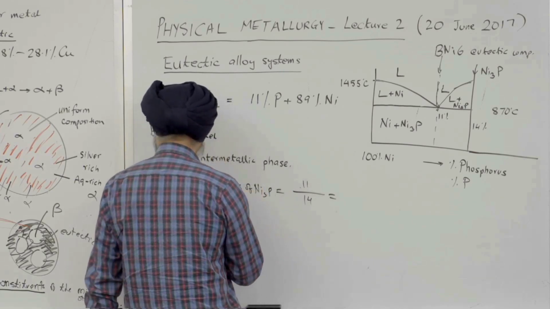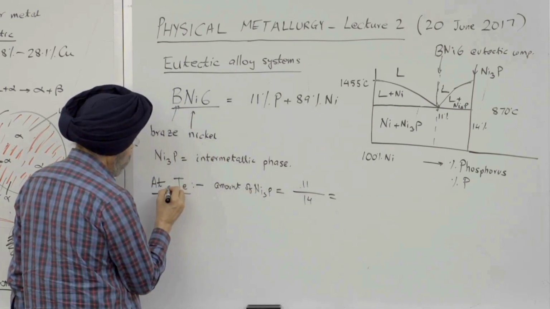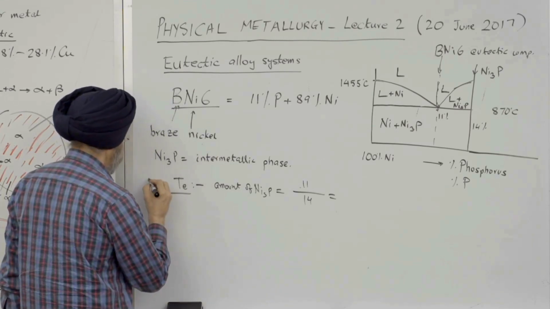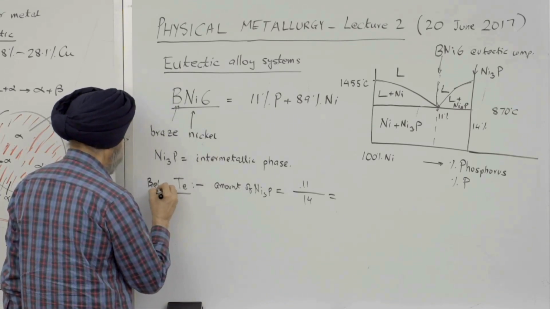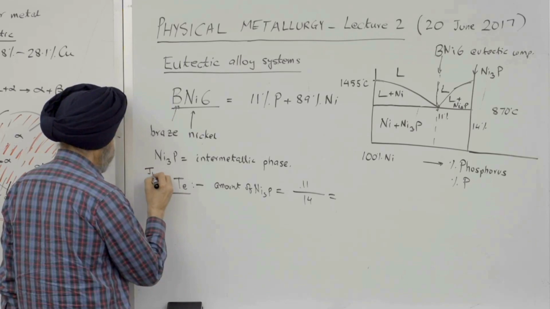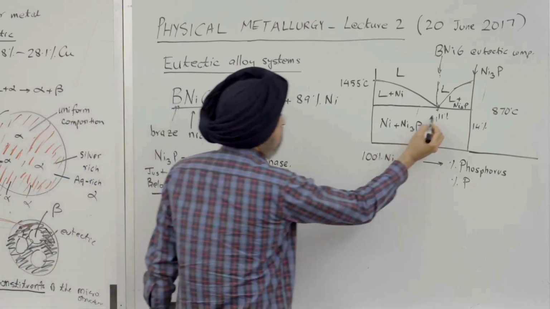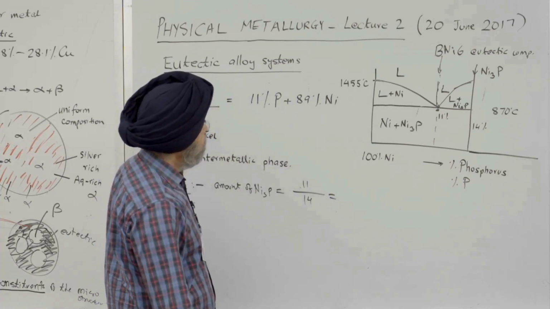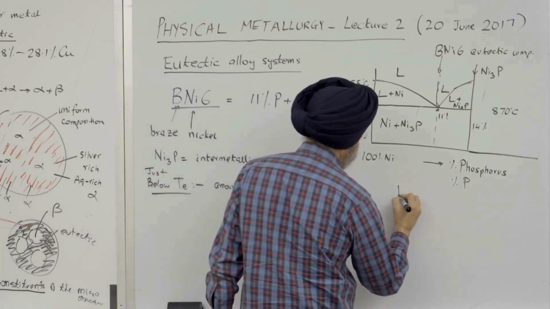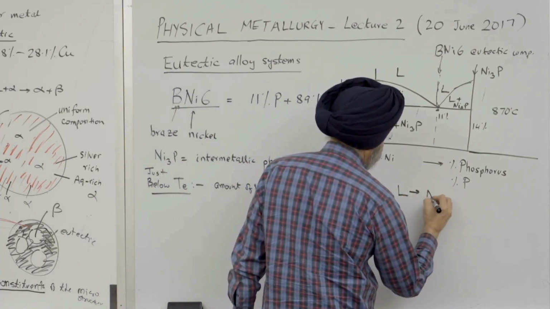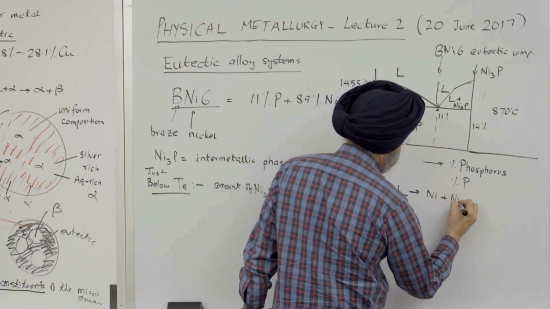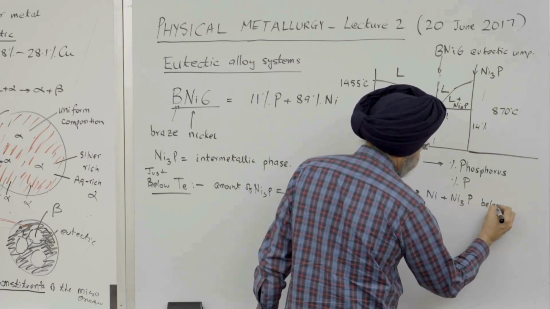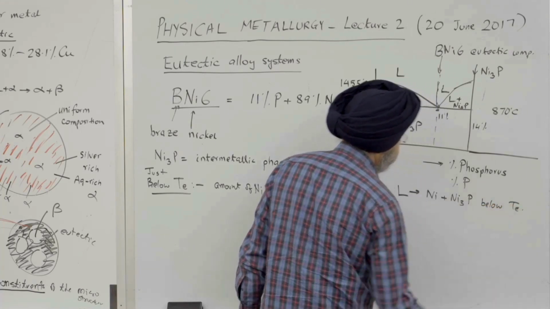So, actually just below TE, at this temperature, the liquid has gone to Ni plus Ni3P below the eutectic temperature, right?